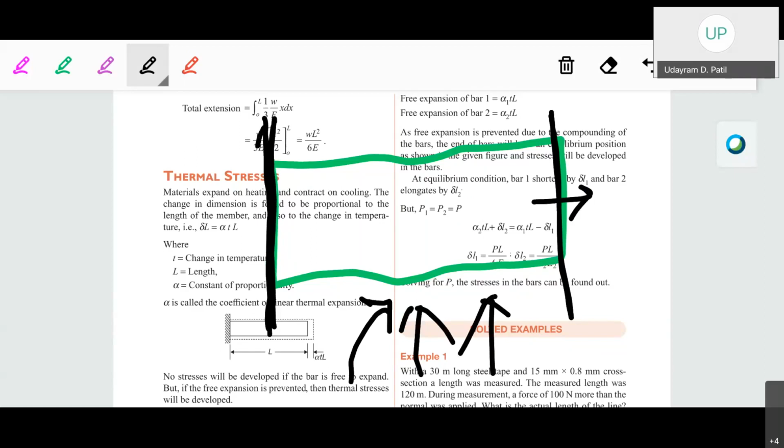Therefore, as the elongation is restricted, stresses will occur in that member.